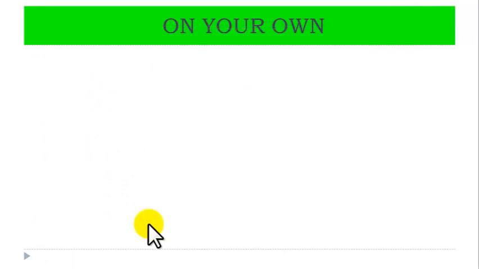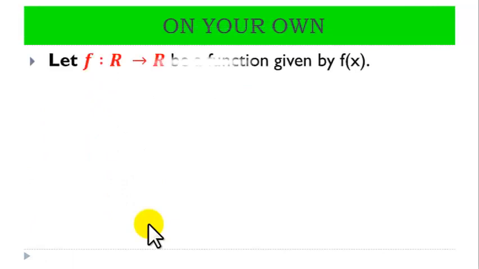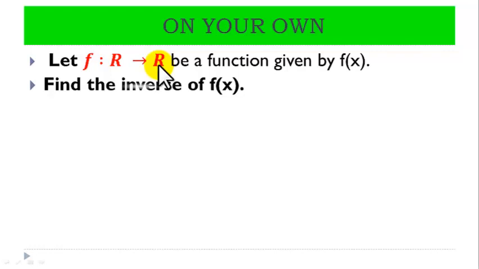On your own, let f from the set of real numbers R to the set of real numbers R be a function given by f of x. Find the inverse of f of x.